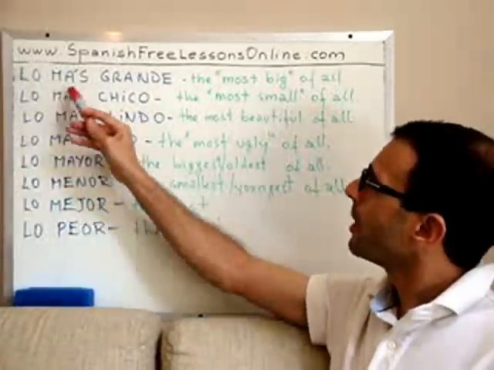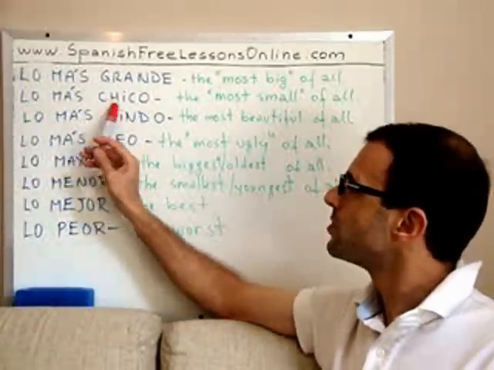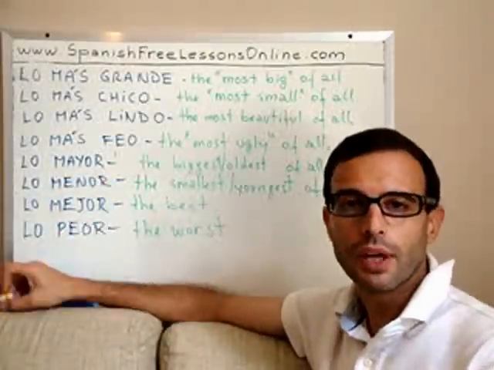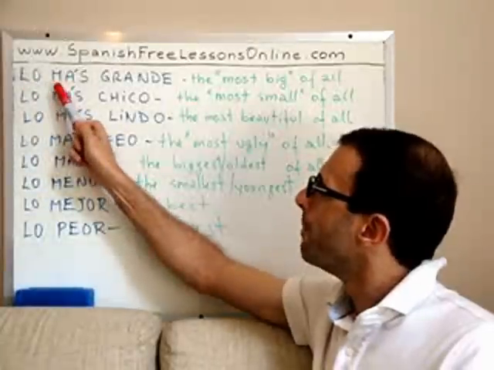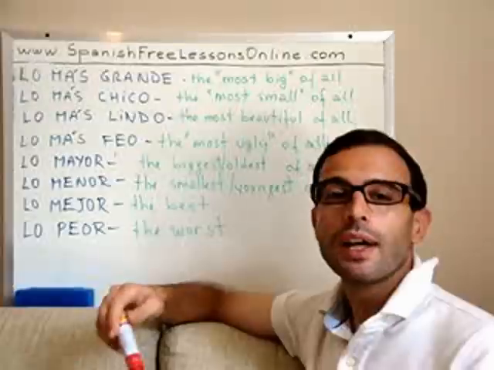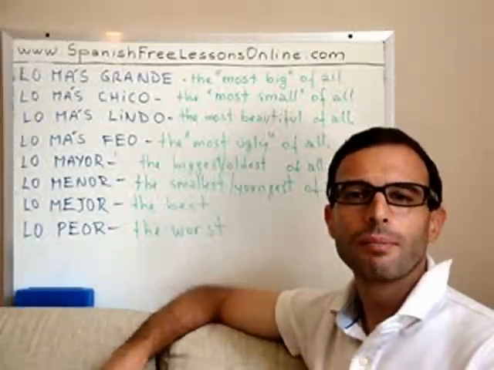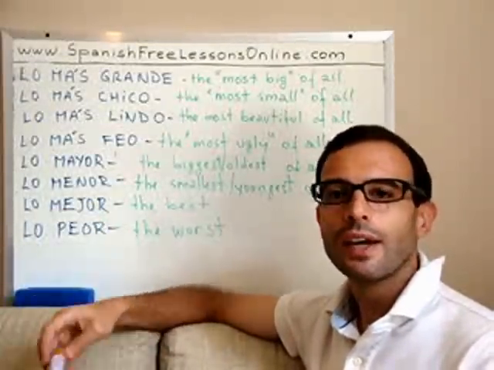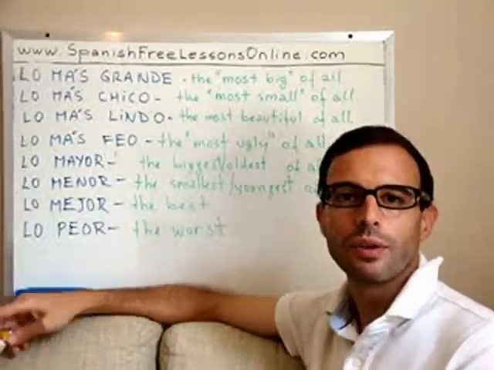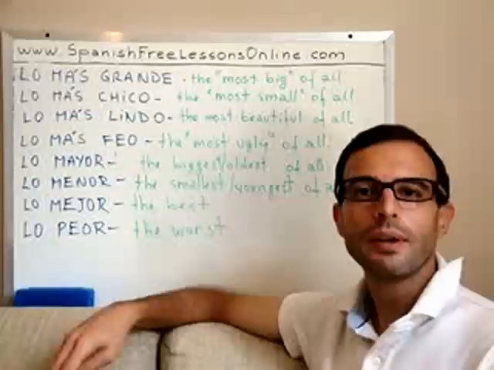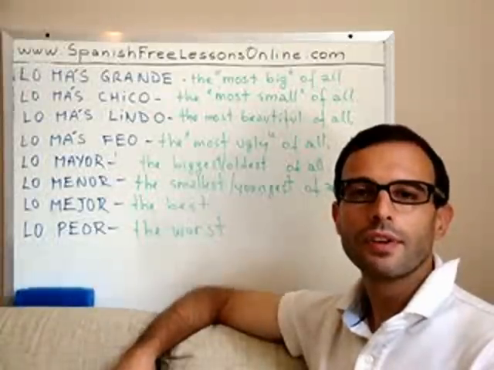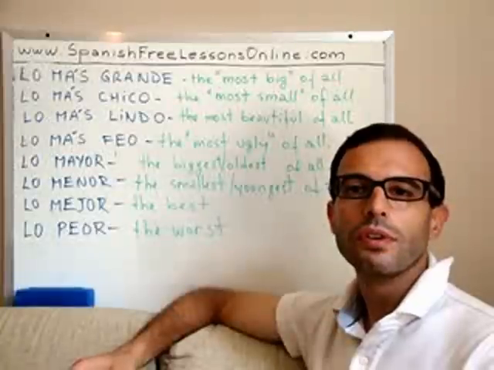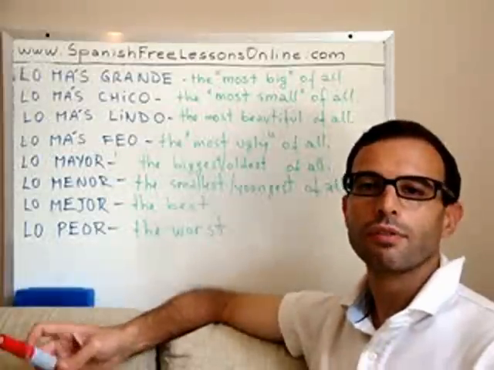So, lo más grande or lo más chico, right? Lo más means the more of something, okay? So, lo más grande would be the biggest, okay? But what's the difference then between lo más grande and el más grande? Both mean the biggest, okay? So the difference is in when we use these two superlatives.